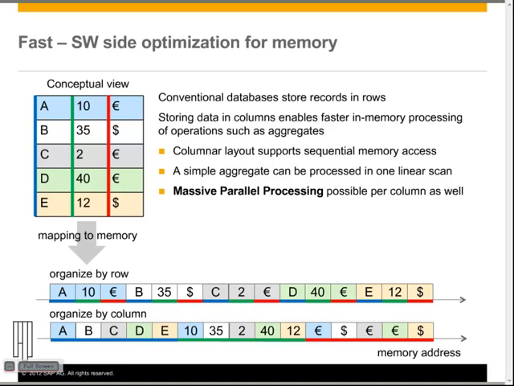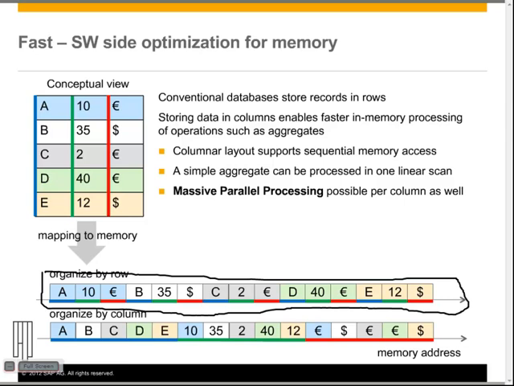Let's look into it a little bit further. Conceptually, a database table is a two-dimensional structure with cells organized in rows and columns. Computer memory, however, is organized as a linear structure. So to store a table in linear memory, two options exist. A row-oriented storage stores a table as a sequence of records, each of which contain the fields of one row. We can see that in this part of the screen.